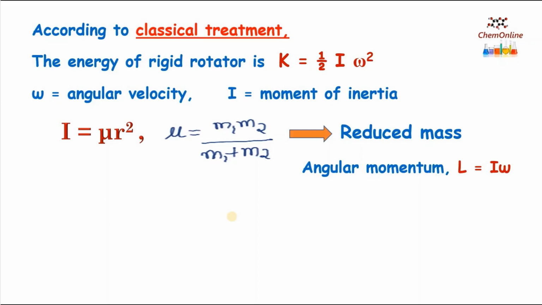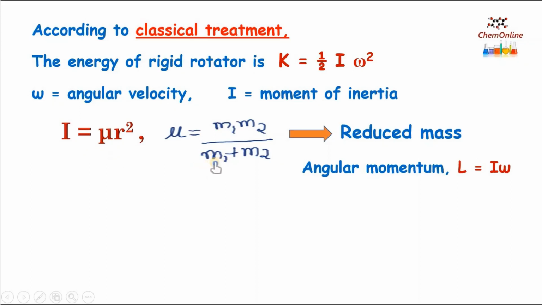So classical treatment shows that the energy of the rigid rotator is the kinetic energy, which is equal to half I omega square, where omega is the angular velocity and I is the moment of inertia, given by mu r square, and mu is the reduced mass.